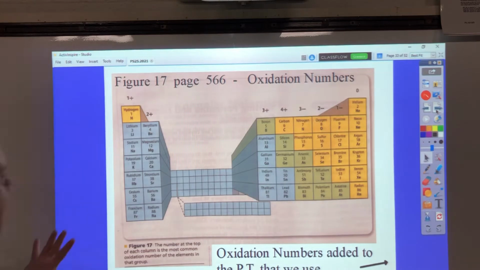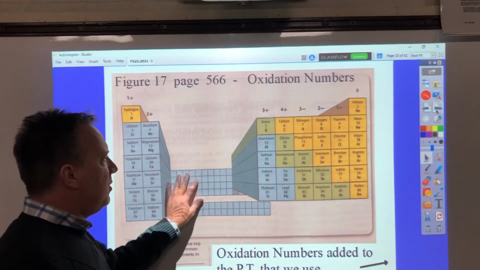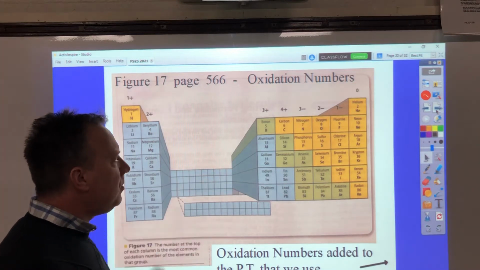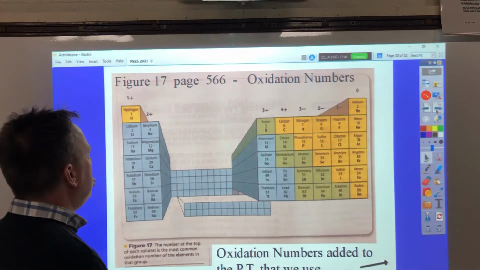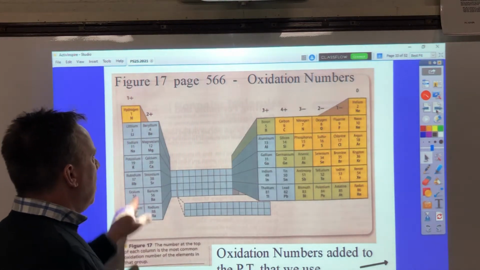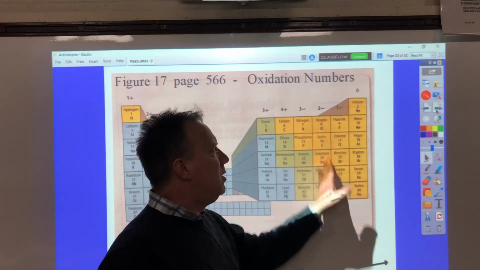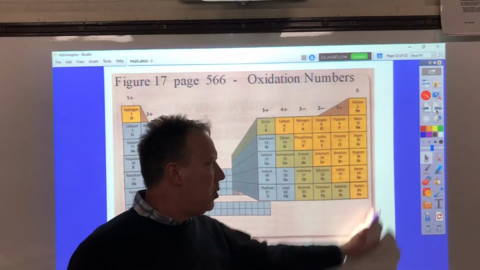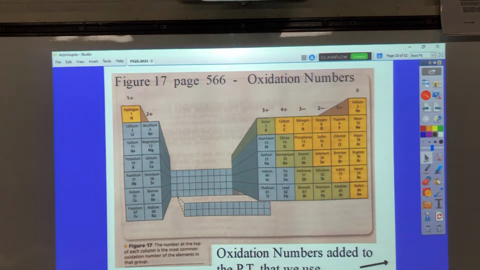And those oxidation numbers, we don't know, you have to figure out what it's going to be for the transition metals. But for the rest of these elements, called representative elements, they're pretty much 1 positive, 2 positive, 3 positive, 4 positive, 3 negative, 2 negative, 1 negative, and 0. We don't have to worry about the noble gases. They don't do reactions, they don't make compounds.